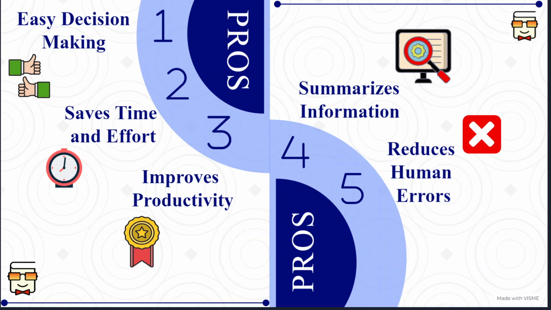The next advantage of an MIS is that it reduces human errors. I'm not saying here that human errors are completely nullified, because in some matters MIS is dependent on humans, such as inputting of data, taking up of commands from the human employees, or even interpretation of the information in some scenarios.